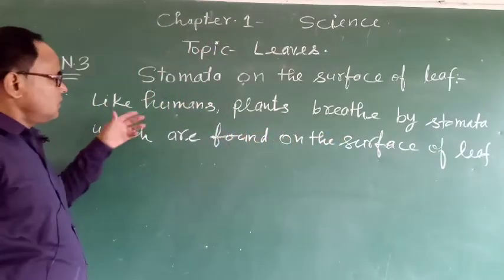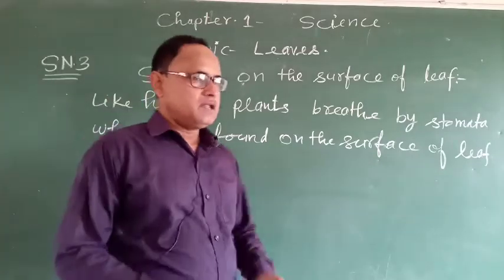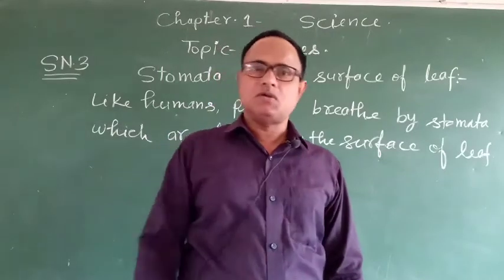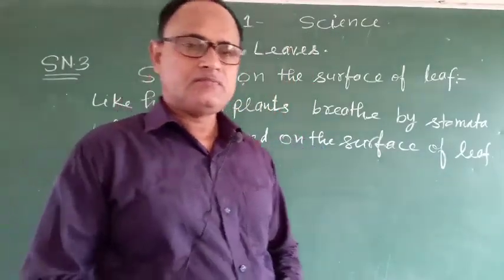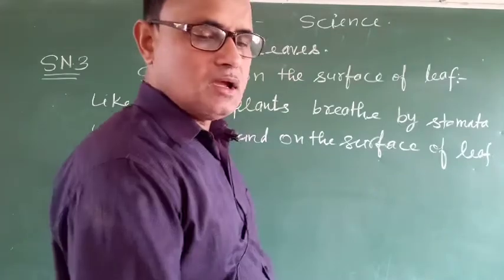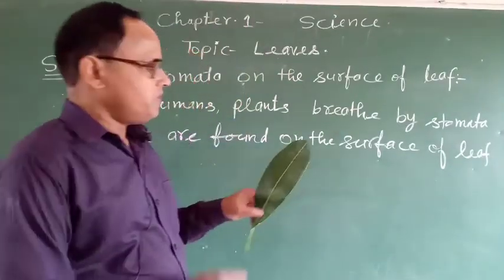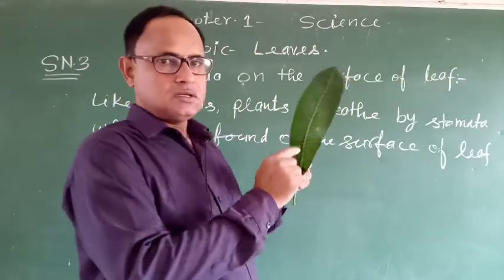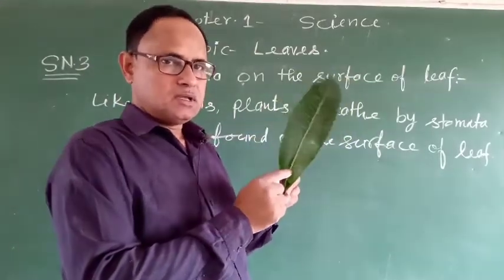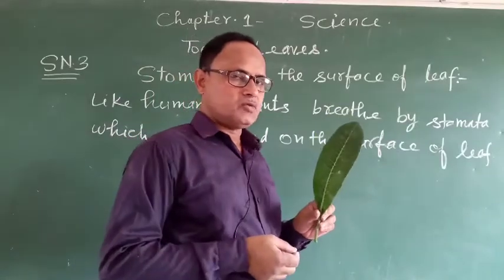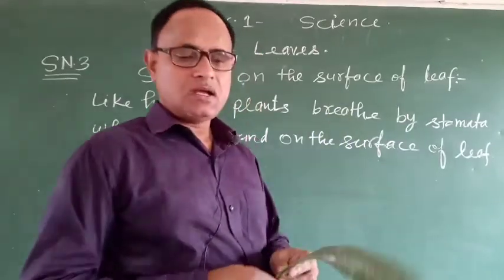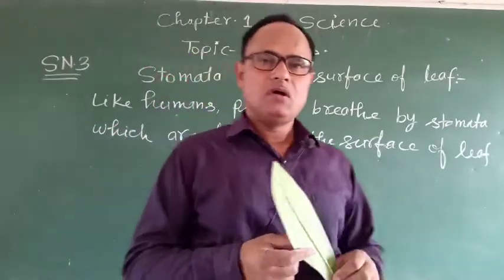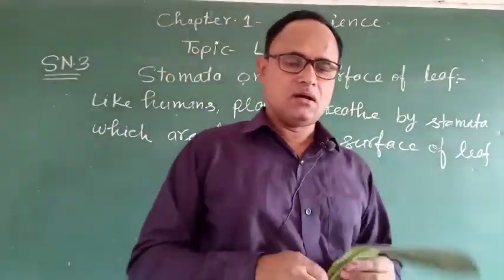Here humans breathe by nose, but plants breathe by stomata, which are found on the surface of the leaf. There are two cases of stomata: first, closed stomata, and second, open stomata.